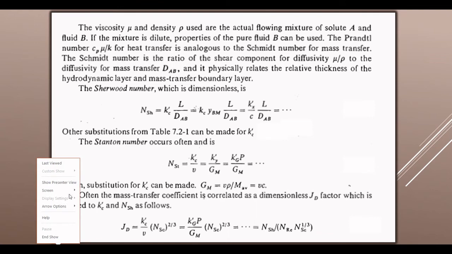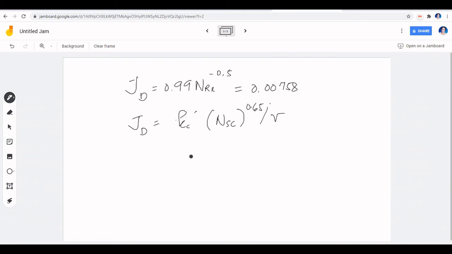So we'll go back to our board, and we'll have this particular J sub D written. So this is the J sub D that we have written, and I will have that equated to 0.00758.